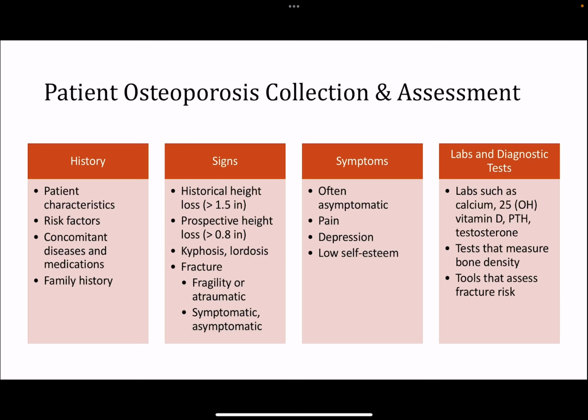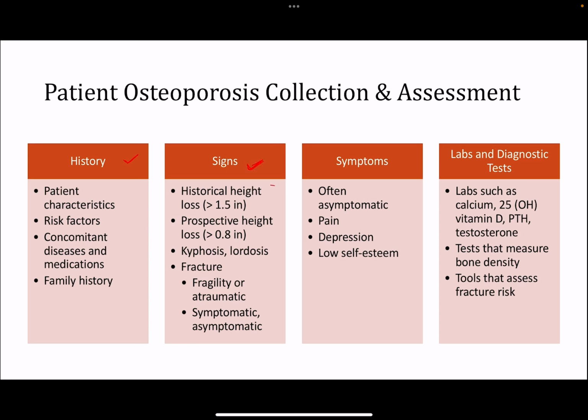Now that we know the target population and the complications that result from osteoporosis, we need to collect more information and assess if prevention or treatment is indicated in these patients. So first, what we want to look at is the history. We want to see if there are any risk factors or family history. Then we can look at some signs.